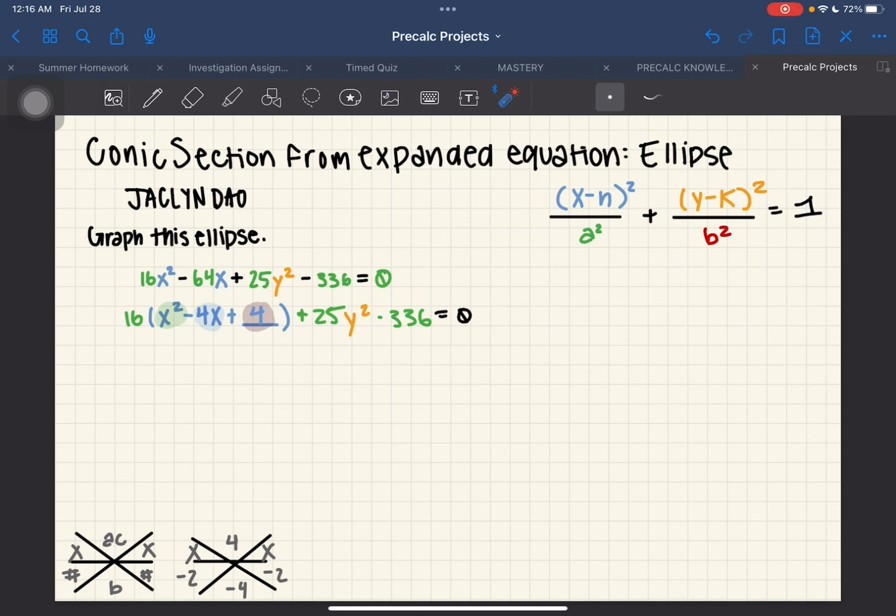But because we've added the c into the left side of the equation, we have to add it to the right side to balance it. Technically we didn't add 4, because we've factored the 16 out. So we've actually added 16 times 4, which is 64, so we're also adding 64 here.